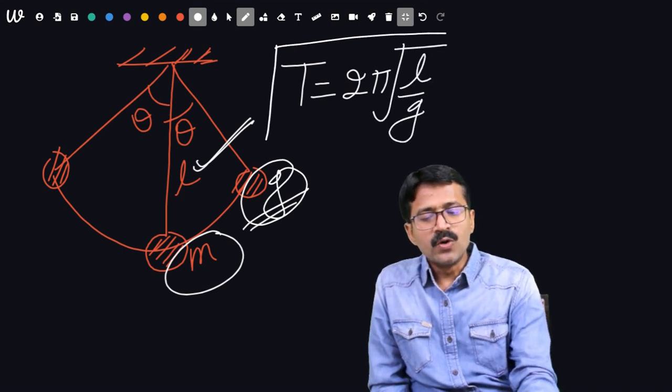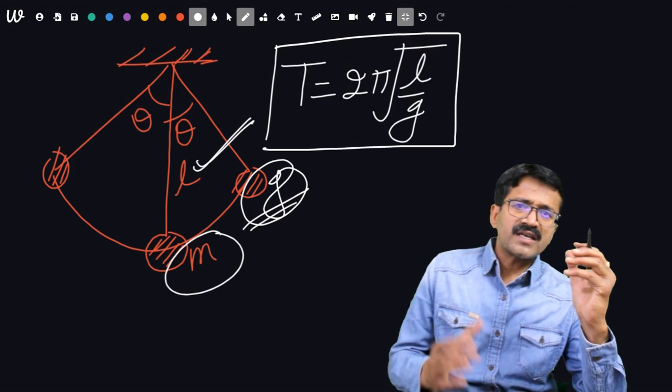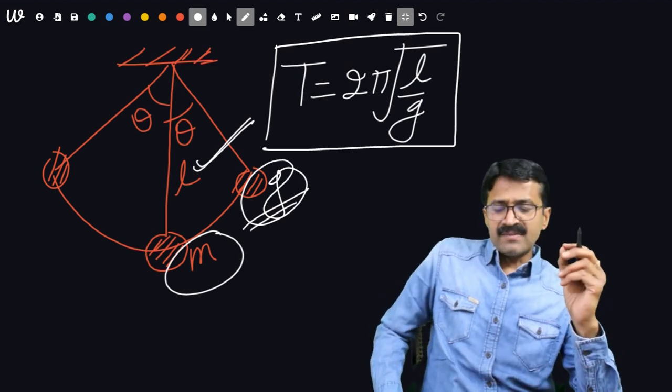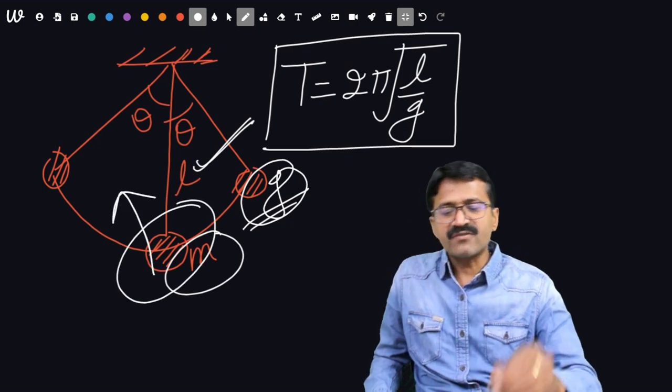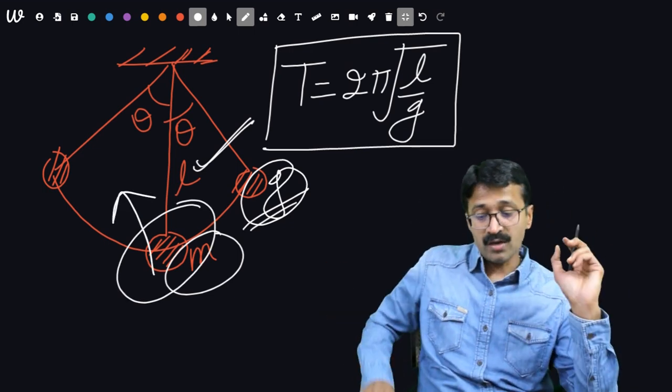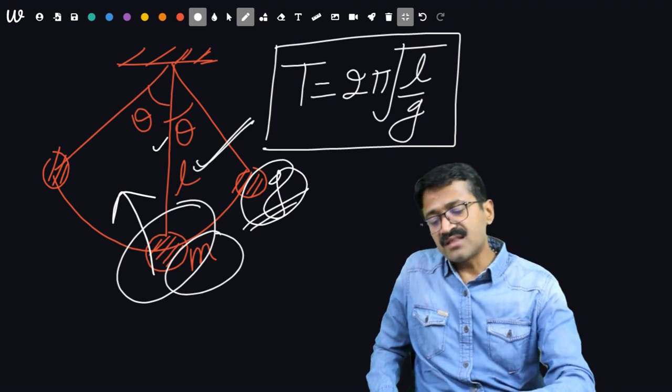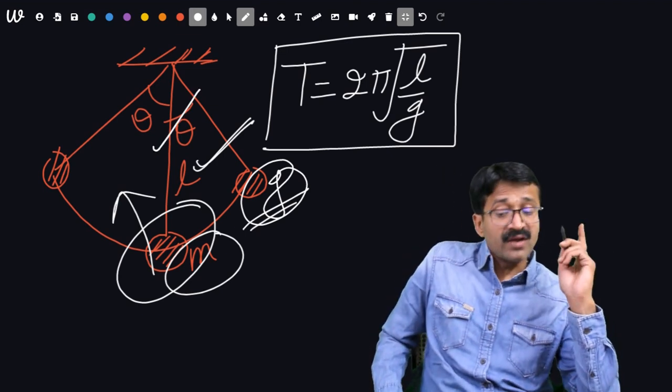I have told you earlier. Now, what about the questions? Sometimes it has been asked that if the mass of the pendulum is increased, what is the effect on time period? No effect at all. Another question is, if length is increased, what is the effect on time period? It will increase.